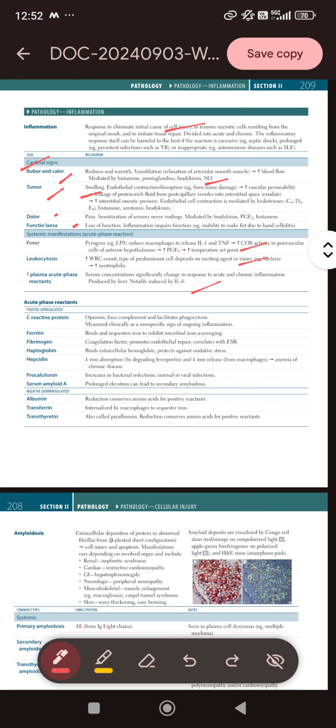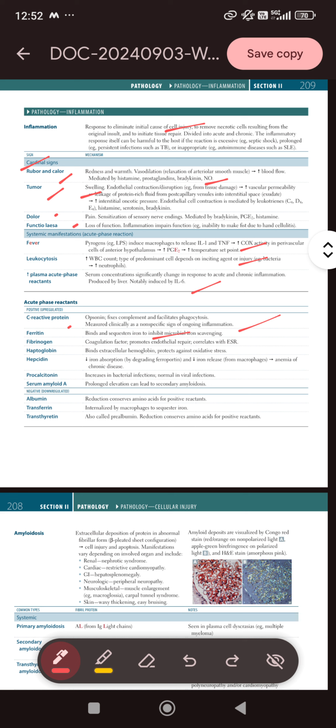Okay, so if C reactive protein is high, that means opsonin, fixes complement and facilitates phagocytosis, measured clinically as a non-specific sign of ongoing inflammation. Okay, ongoing inflammation is a non-specific sign.